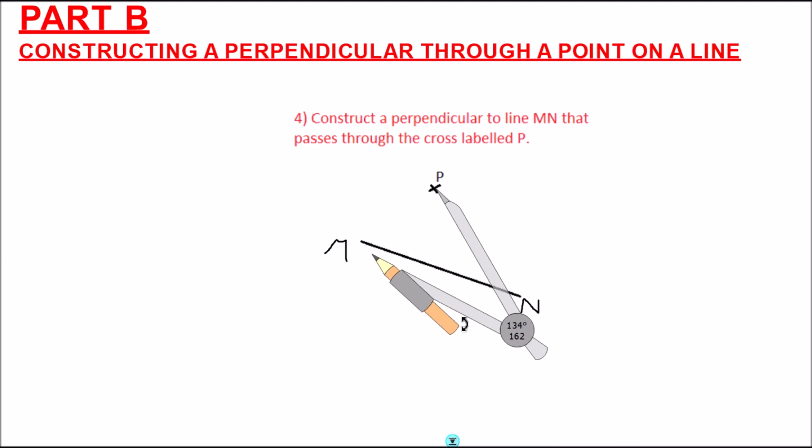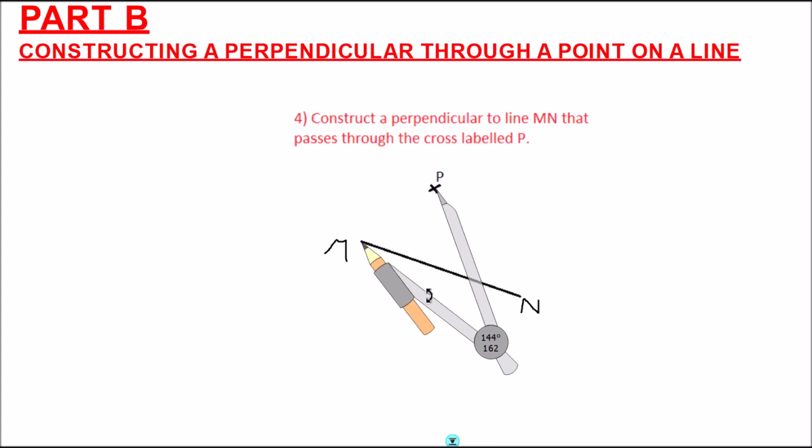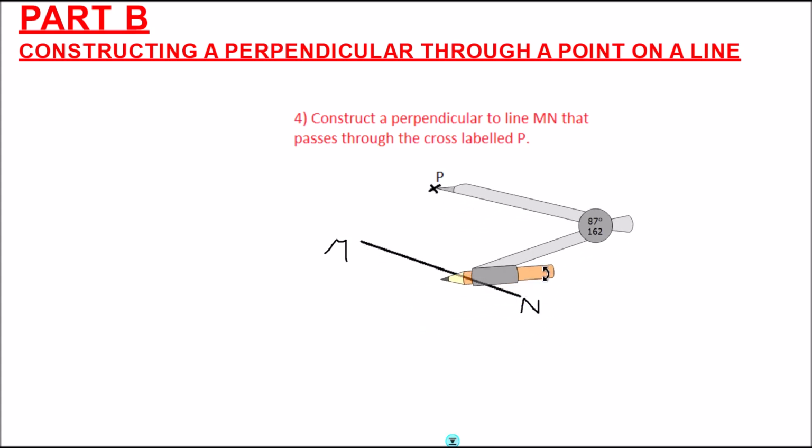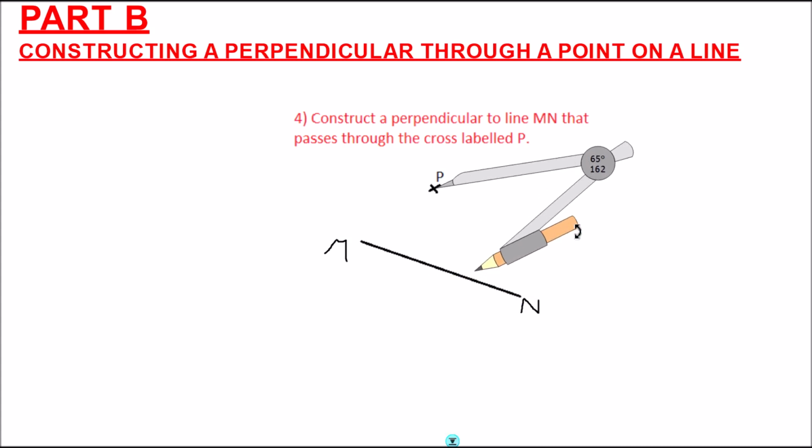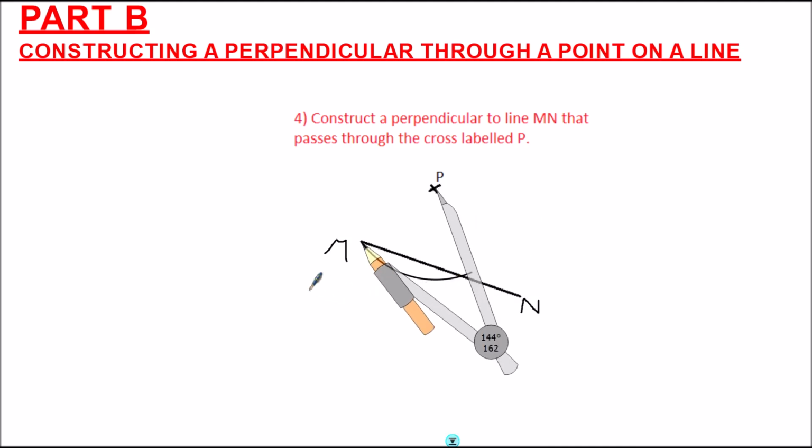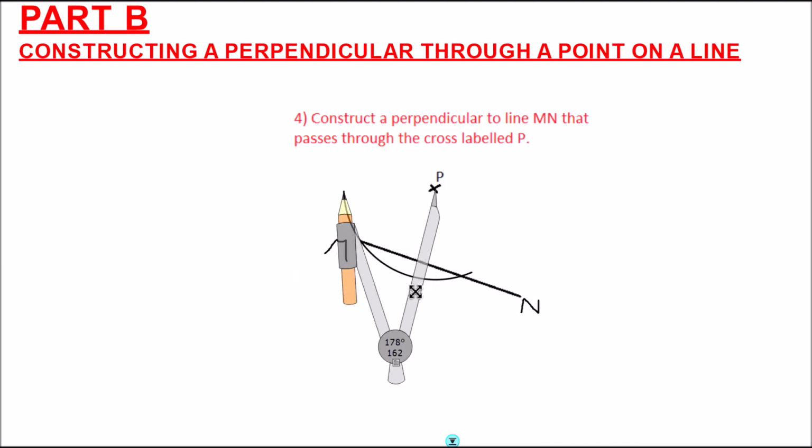So if I was to do a curve starting with the compass needle at P, it would cut M and then cut further down the line here. And so we'd set the compass width to a point where the line's going to be cut in 2 places.